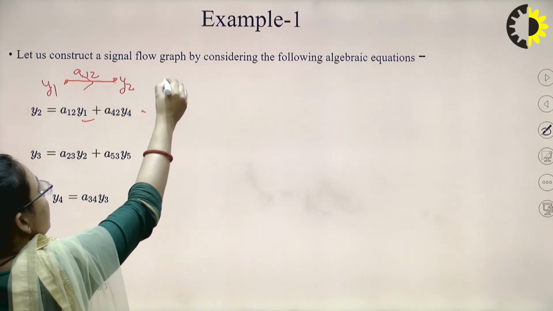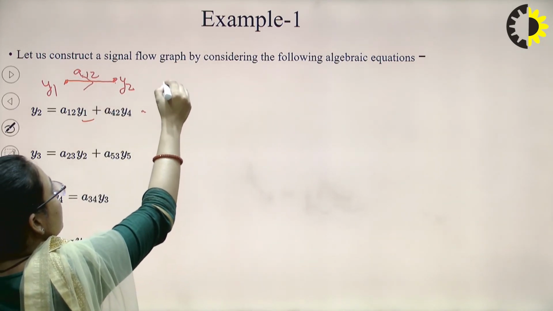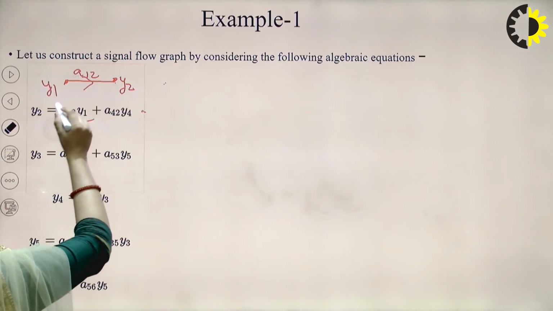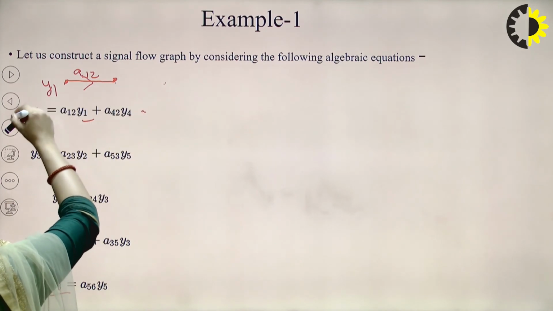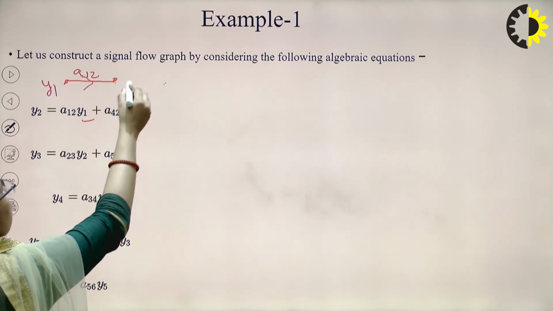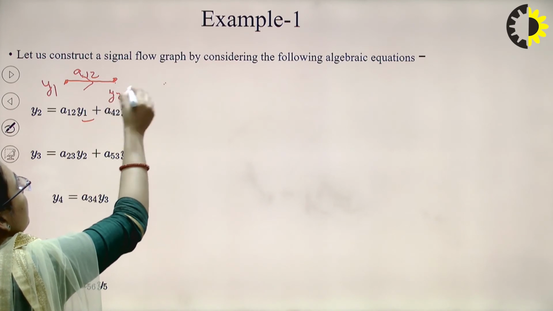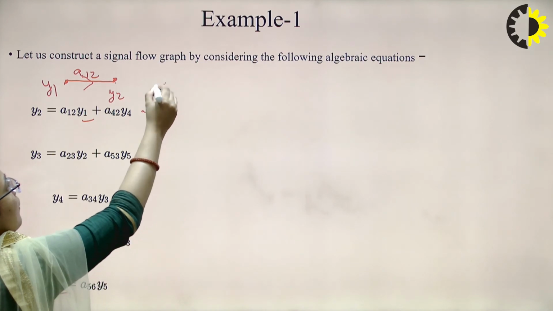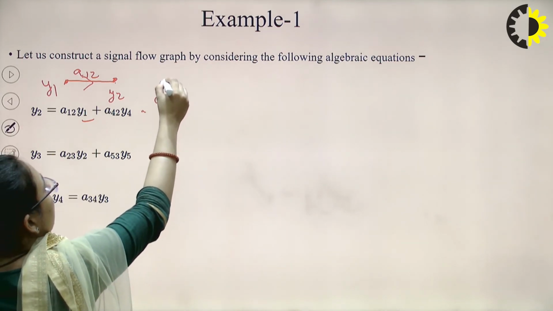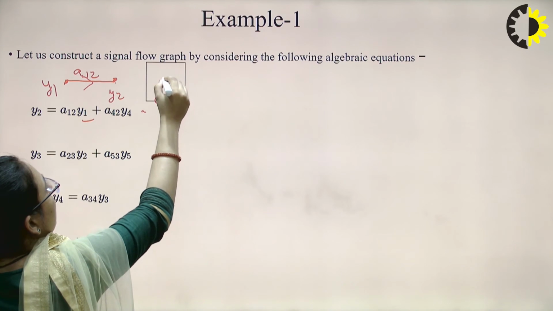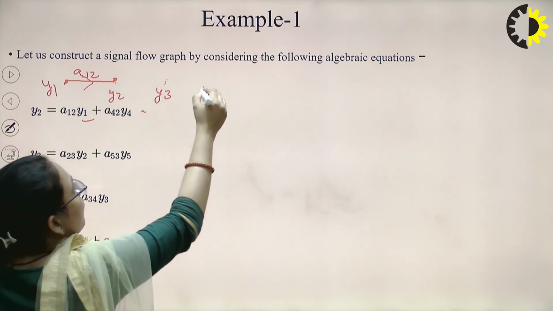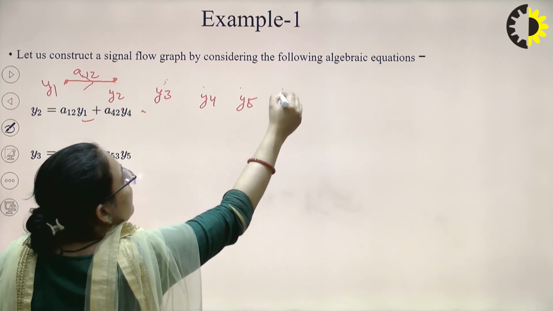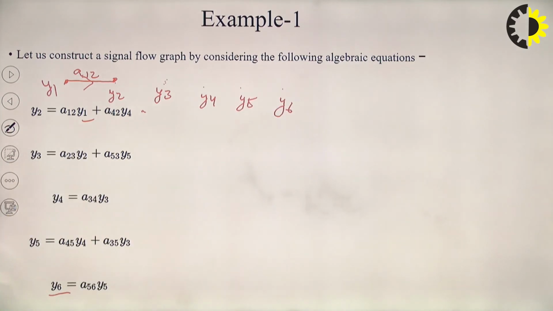Another variable, this is y3, then y4, y5, and this is y6. Now it is easy to draw.